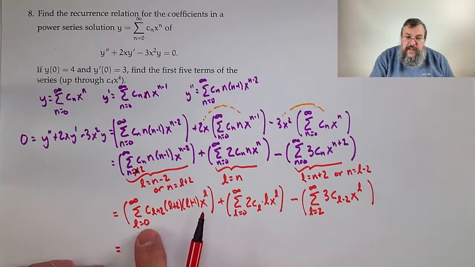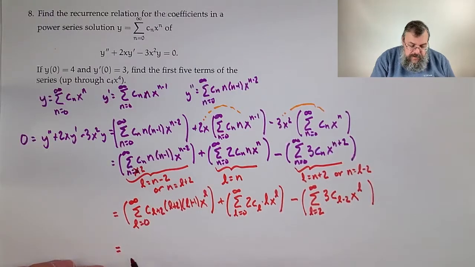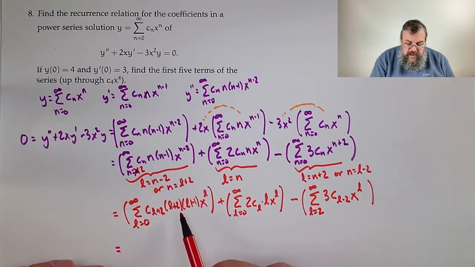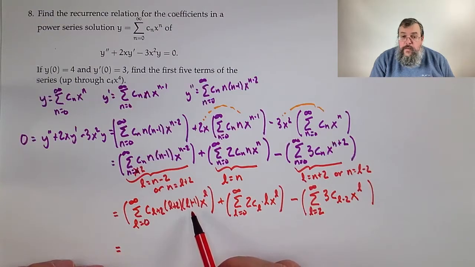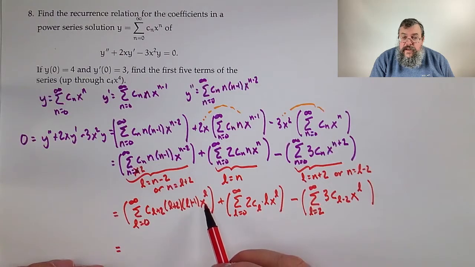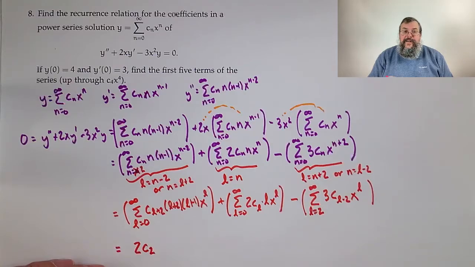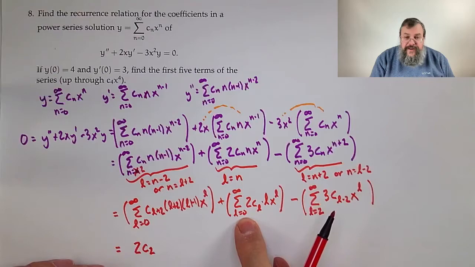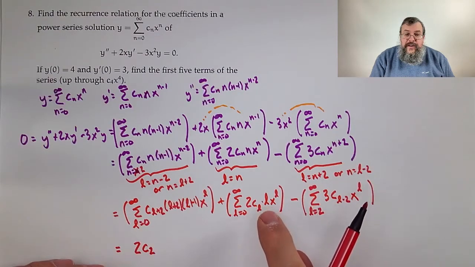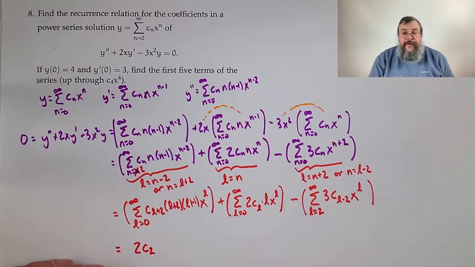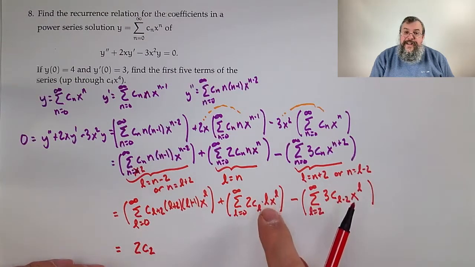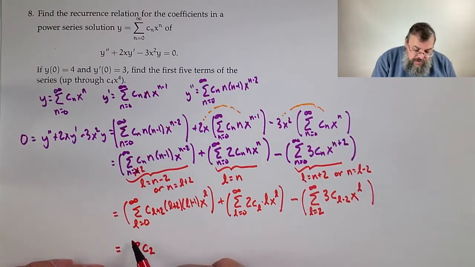If we pull terms off, we pull off the L equals 0 term, and that would give us C2 times 2 times 1 times x to the 0, which is 1. So 2C2. All right, so that's our constant, if you like. Now here, when we plug in L equals 0, we get 2C0 times 0, which tells us that that's 0. So in fact, that's our only constant term.